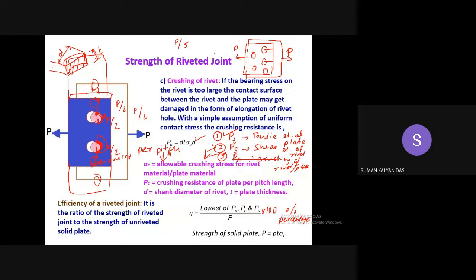Obviously it will be different, because considering all the rivets together and dividing accordingly will give a different result compared to per pitch calculation. So if you are dealing with a lower number of rivets, which is manageable to calculate like this, you can go for this type of calculation. In that case, no need to go for per pitch length based calculation.